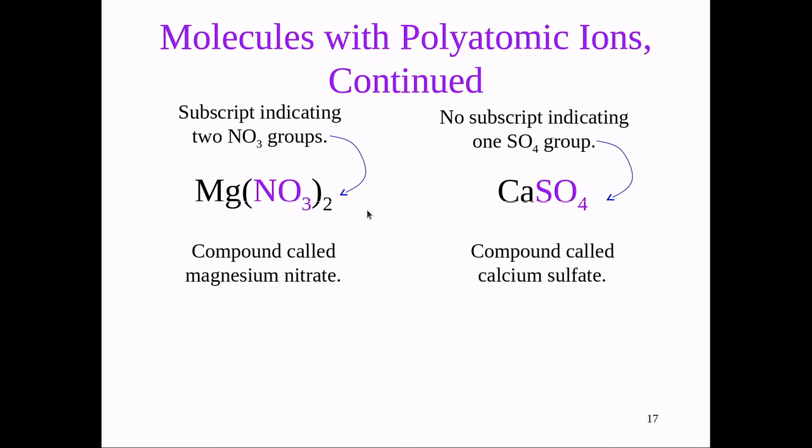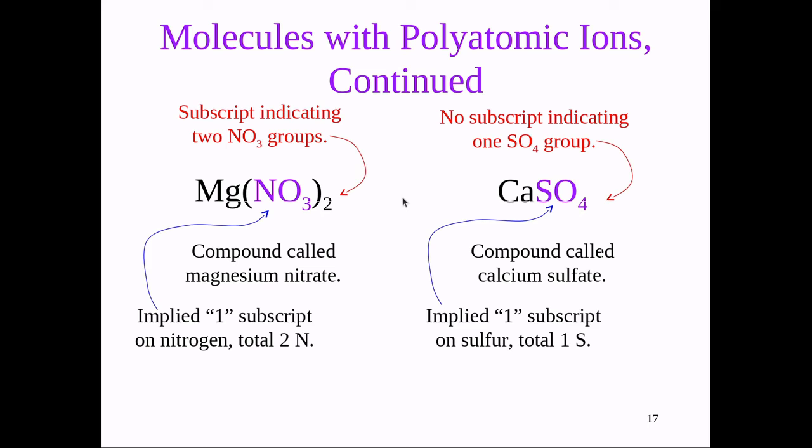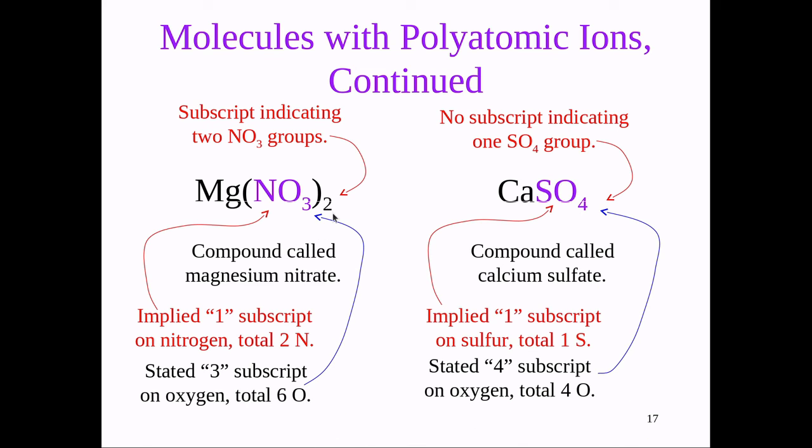What that means is that in order to get a count of the atoms here, we need to multiply all of the values on the inside by this value here, okay?